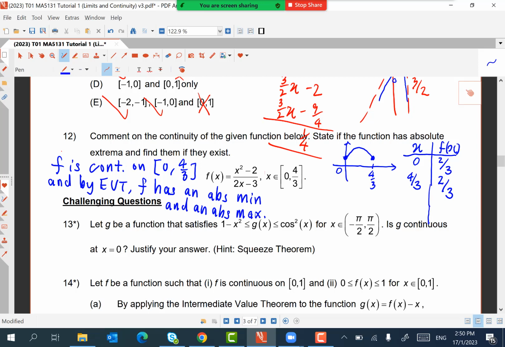The turning point is at x equals 2. When x is 2, apparently from the calculator it's also 2.